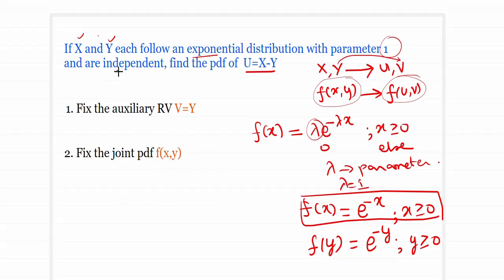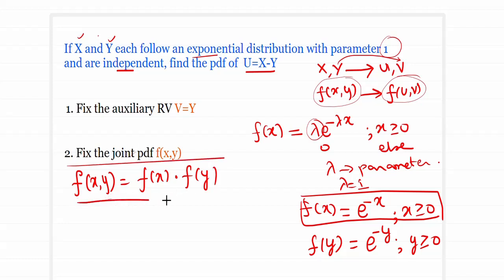We have been given the third information that x and y are independent. If x and y are independent, we know that f of x comma y can be written as f of x product f of y. So this is going to be the criterion for independence.